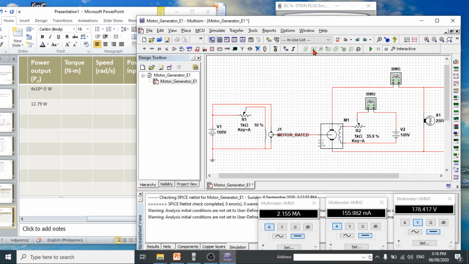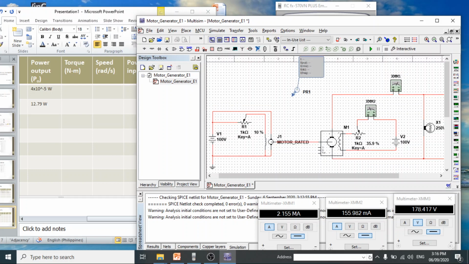This is an ammeter, but we will use the data from this ammeter to represent the torque provided by the prime mover to the shaft of the generator. Click this one and then point it to the connecting line between the motor and generator. Click. You may adjust it anywhere in the working area.